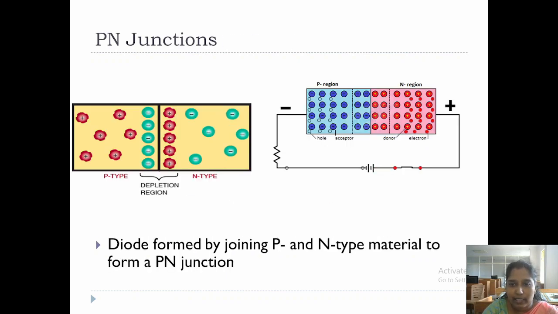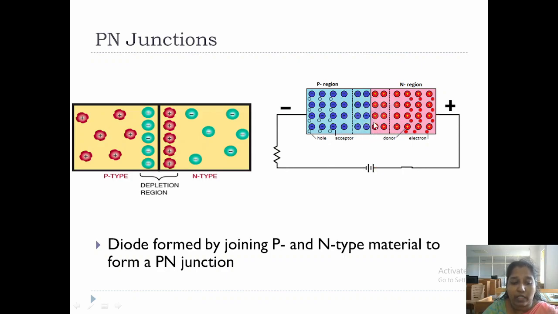The depletion region is formed because of the immobile charge carriers.